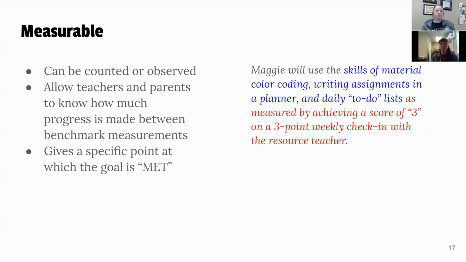For measurable, can be counted or observed. Allow teachers and parents to know how much progress is made between benchmark measurements, and gives a specific point at which the goal is met. An example of this, Maggie will use the skills of color coding, writing assignments, using a planner, daily to-do list, measured by achieving a certain score on a 3-point weekly check-in with the resource teacher.